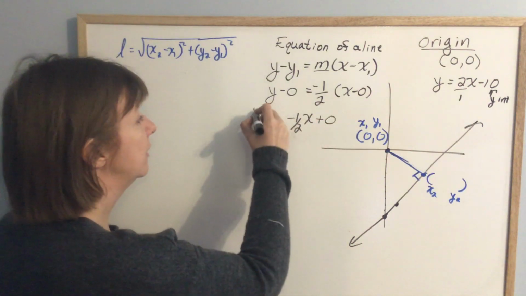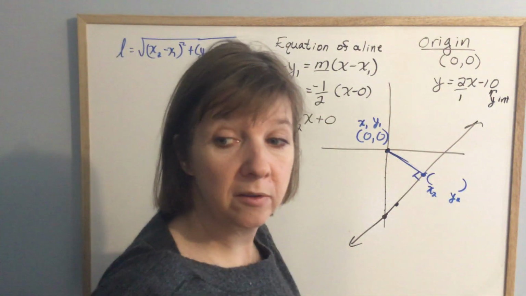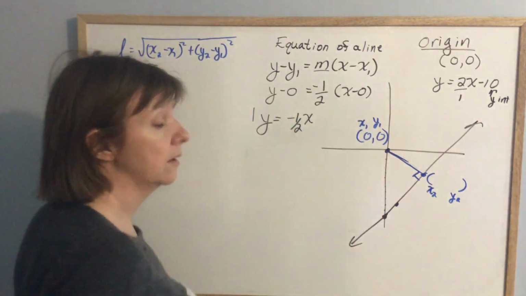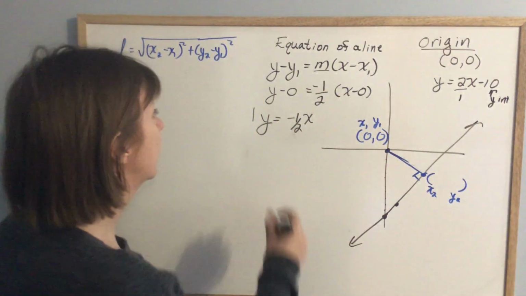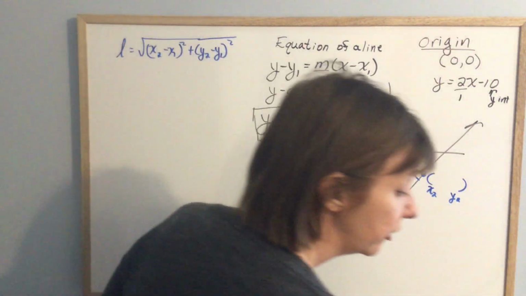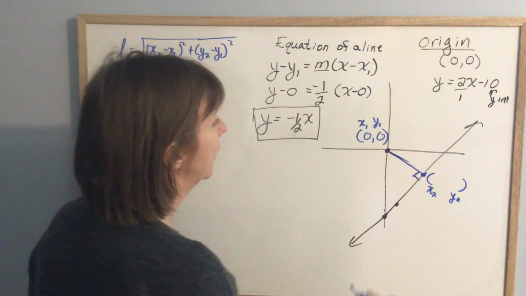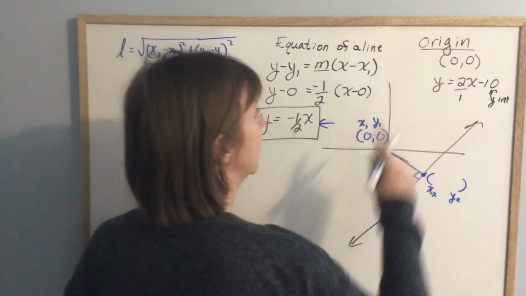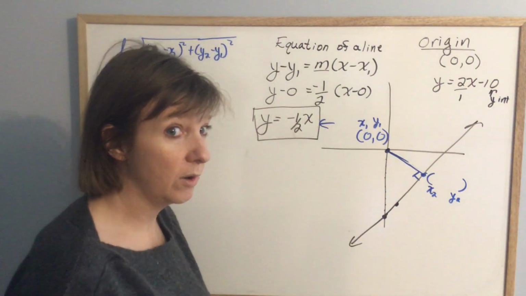So that's actually the equation, and you don't need to put the plus 0. If you do, it's not wrong, but you don't need it. So this is the blue line equation. That is the black line equation.